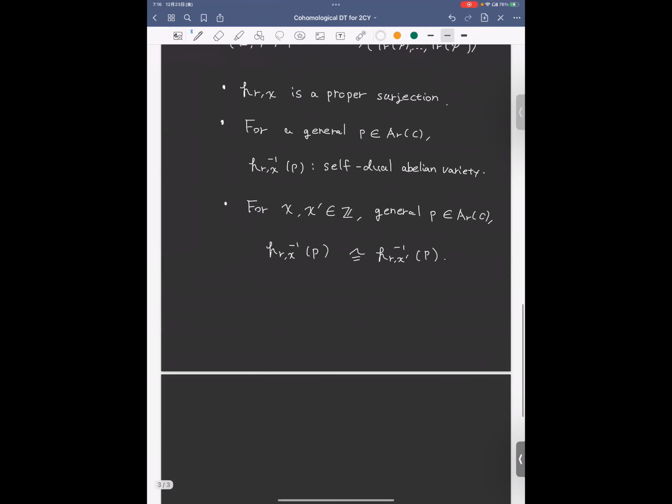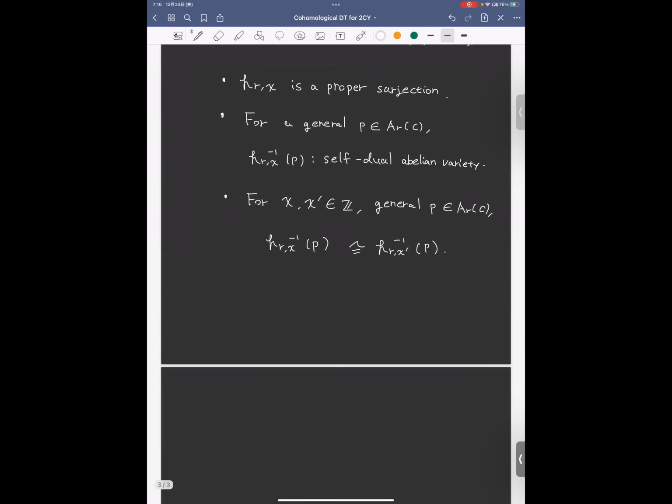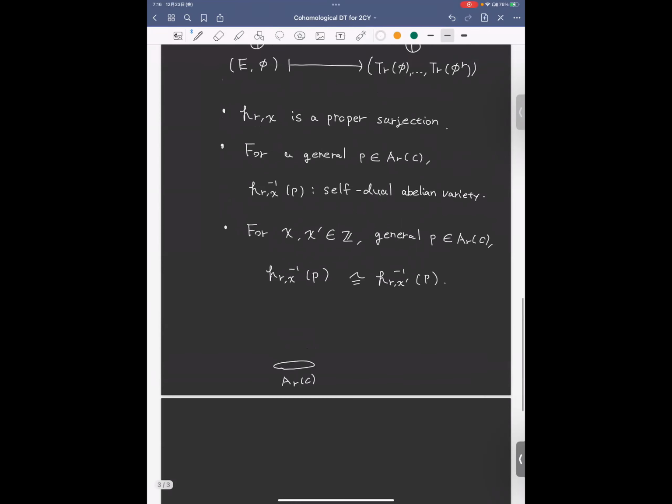So the situation is like this. We have a Hitchin base like this, and the general fiber is isomorphic to an abelian variety.